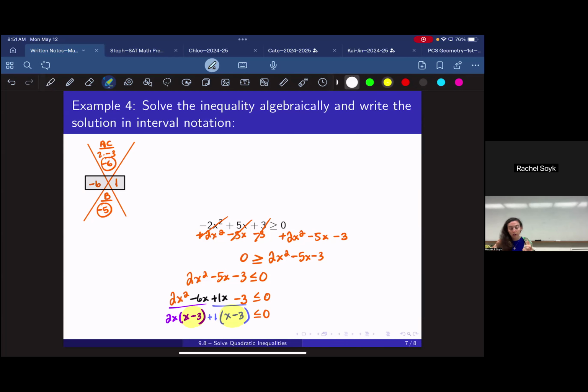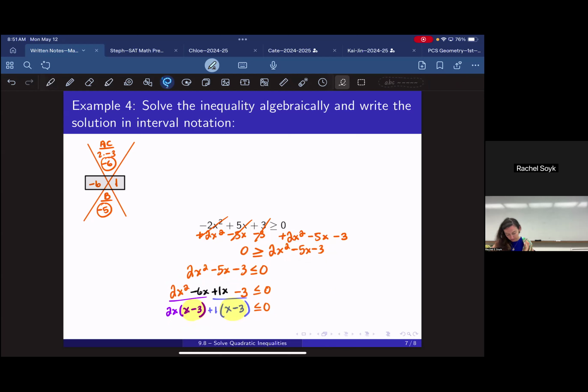So now we can pull that out, our whole factor by grouping method, which I see on the final exam all the time. Move this up a little bit. So we're essentially looking at this x minus 3 in parentheses and then 2x plus 1.